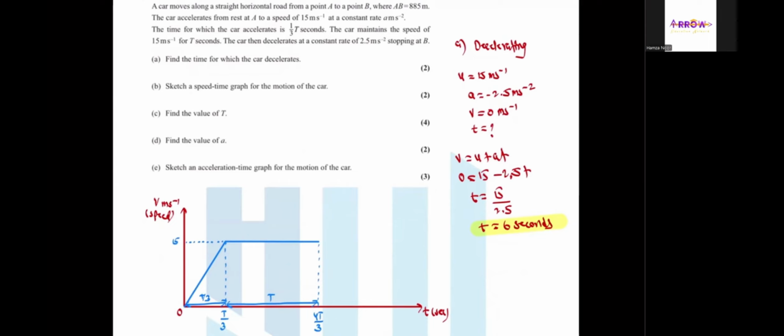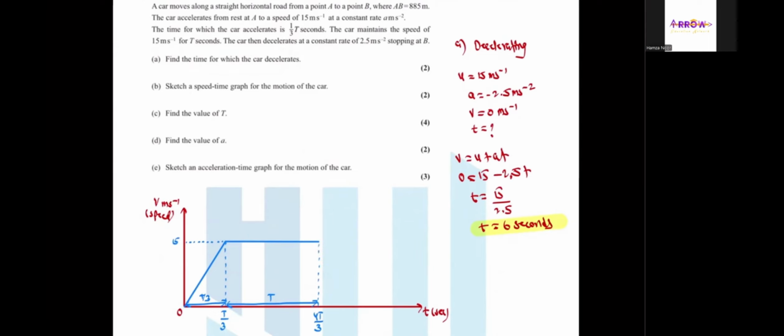So basically 6 seconds is very little time for the deceleration part of the journey. So either you can just stop right now and find the value of t in part C first, and then you would be 100% sure that the last stage of the journey would have a steeper line.